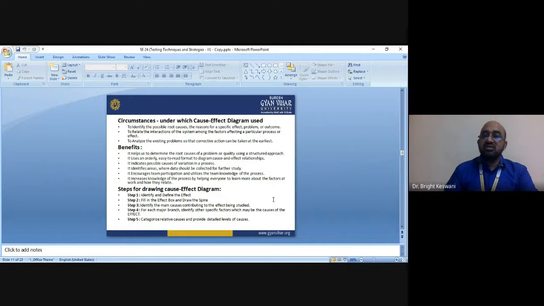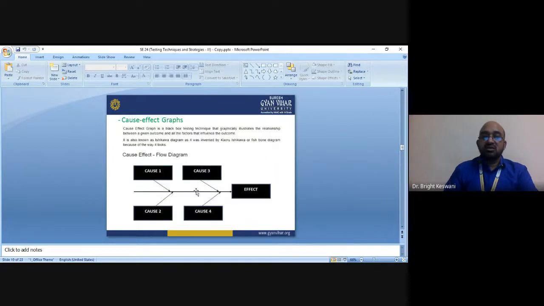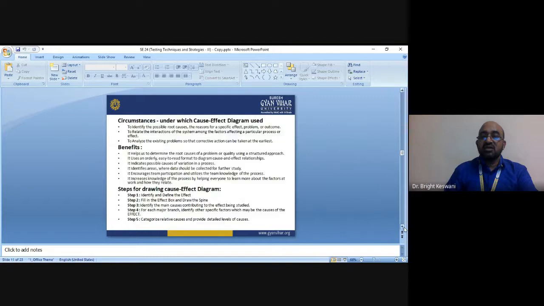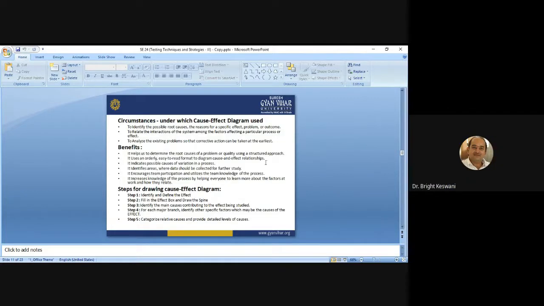You can see in this figure there are several causes, and the effect of these causes is mentioned here. So it provides a clear diagrammatical representation of the cause and effects.